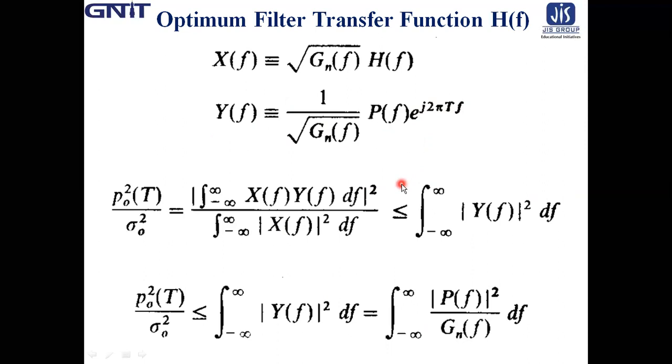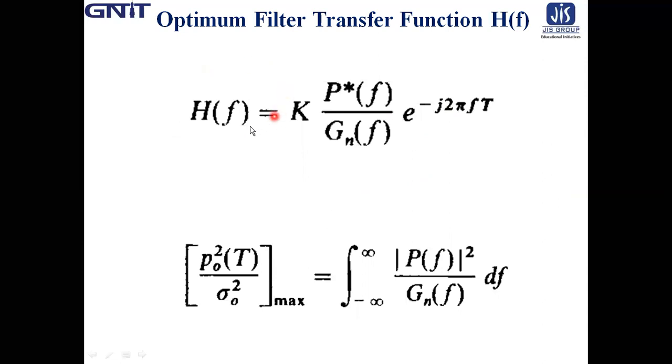Then accordingly you can get the transfer function H(f) equal to k into P star(f) by Gn(f) into e to the power minus j 2 pi ft, and correspondingly the maximum ratio, gamma square max, that is p0 square(t) by sigma 0 square maximum.